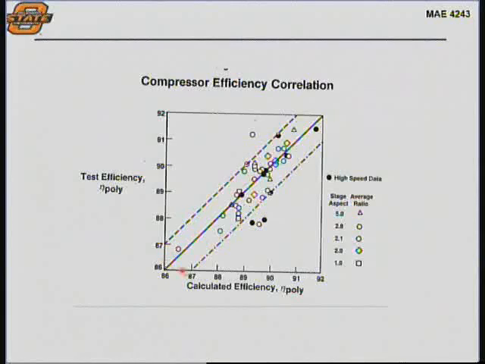If you look at this, it's the calculated efficiency versus what was actually measured, and I believe this is a plus or minus 1% line on these dash lines. So, designing axial flow compressors that are derivative, in other words, you're not making too big of changes from one design to the next, can lead to some very accurate predictive methods of what the losses to be expected on any new compressor are.